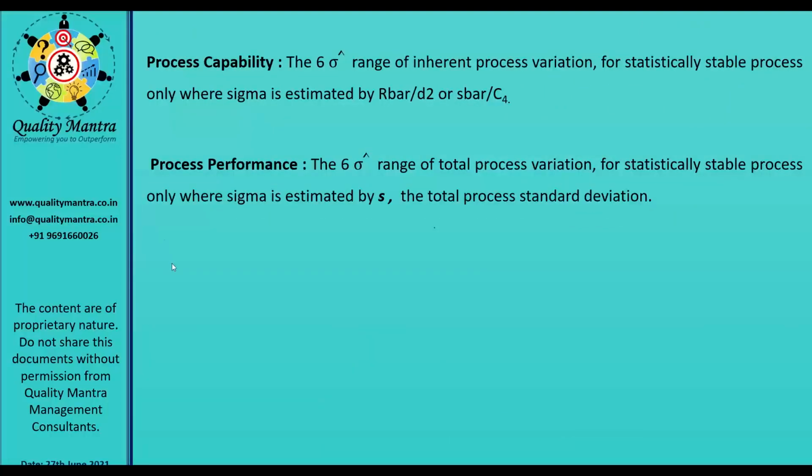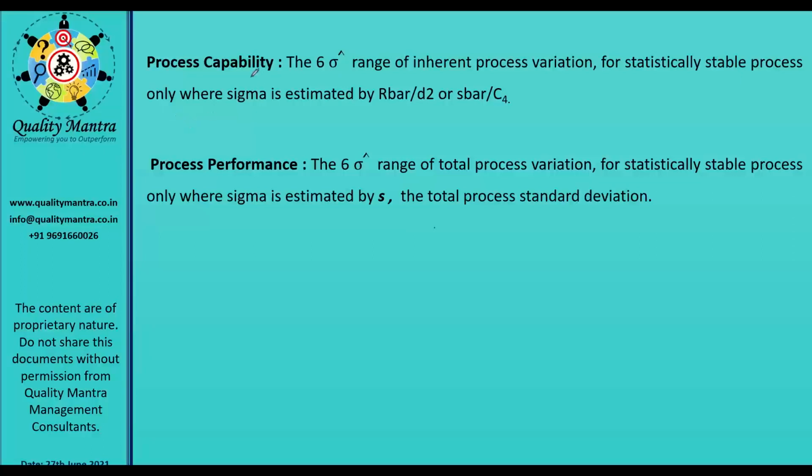So when you are going to calculate the process capability, and then there is process performance, it depends on the standard deviation. Now when we say standard deviation, we have already seen the variation is based on within and overall.